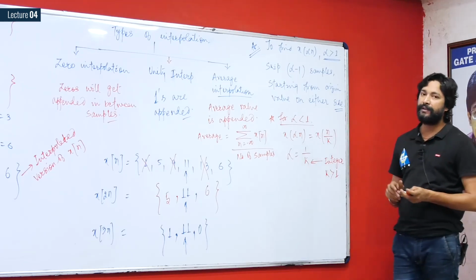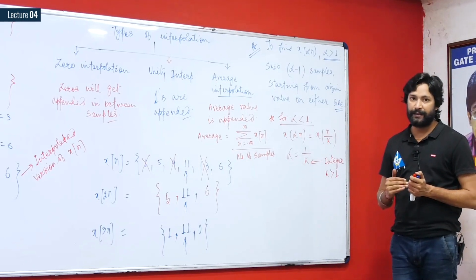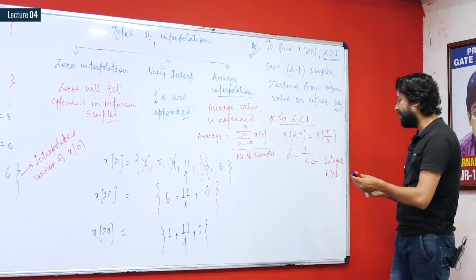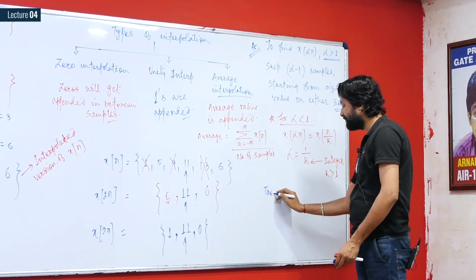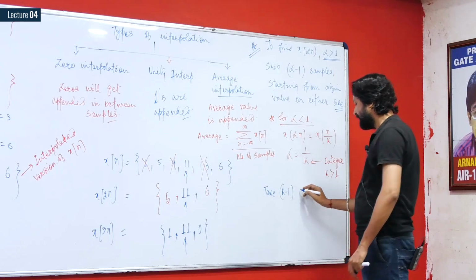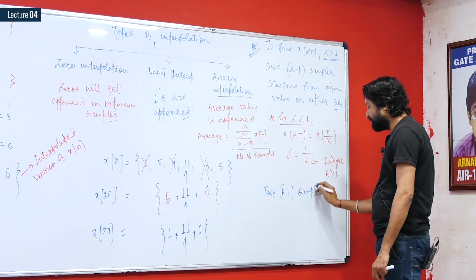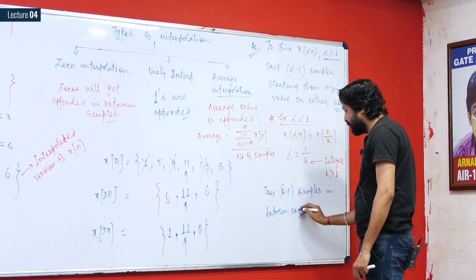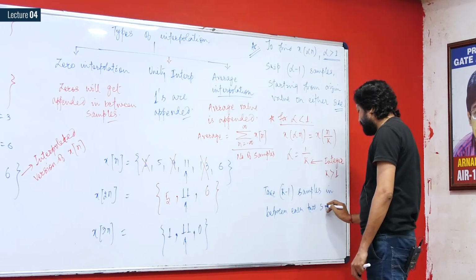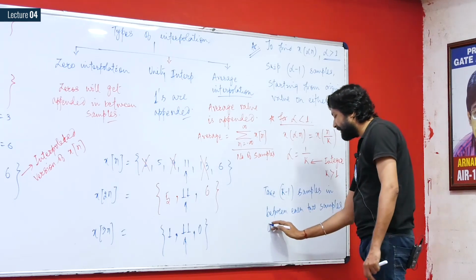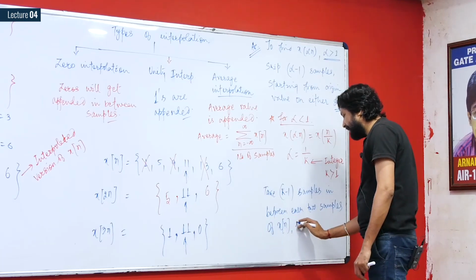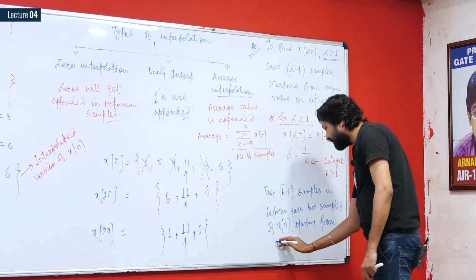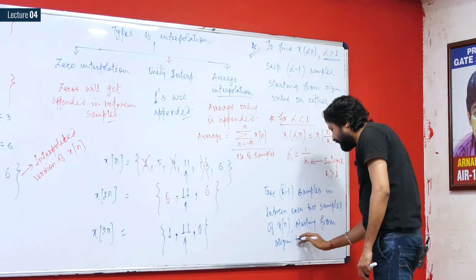Now in interpolation you have seen that we are going to append sample values. So if you are interpolating by alpha equal to 1 upon k, then you will have to take k minus 1 samples in between each two samples of given signal x of n, again starting from the origin to both sides.